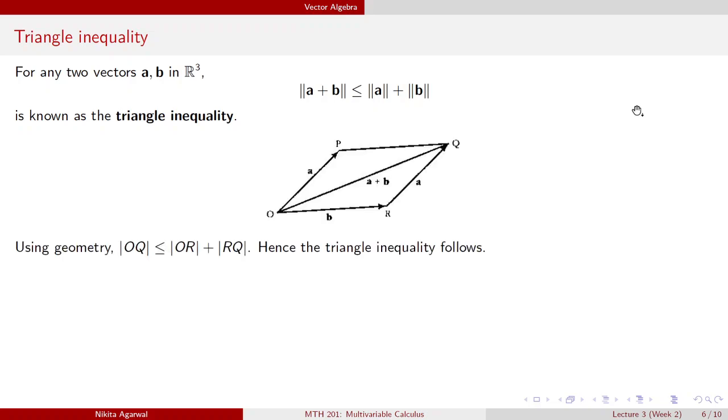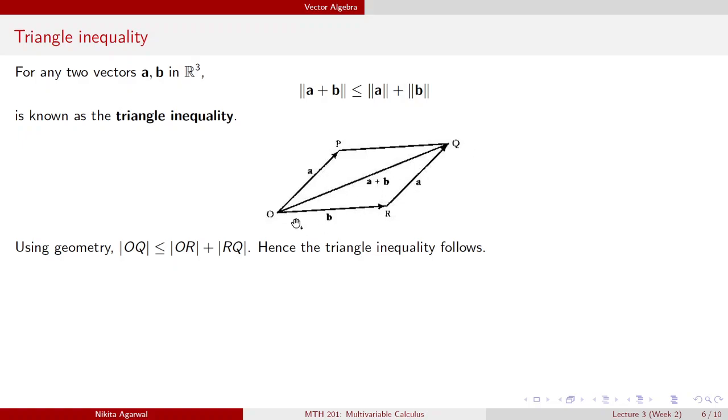Okay. So let us look at this picture. In this picture, OR is the vector B and OP is the vector A. And this is a parallelogram, right? So we know that A plus B is nothing but the vector on the diagonal, right?